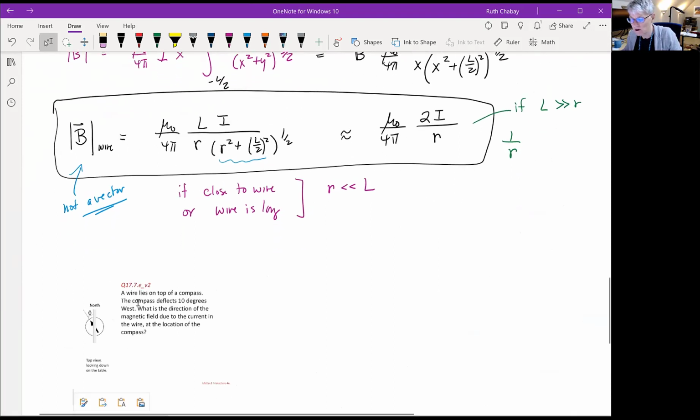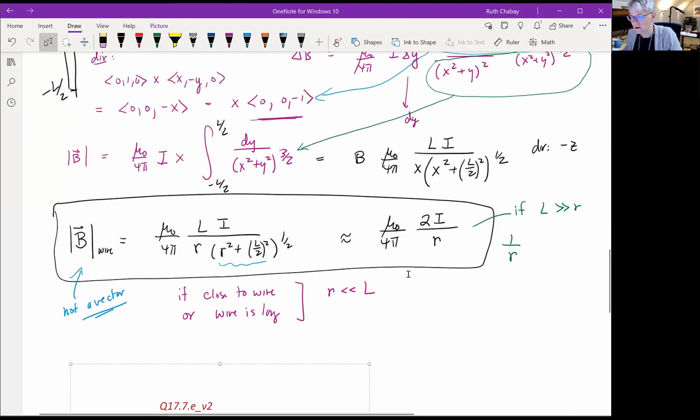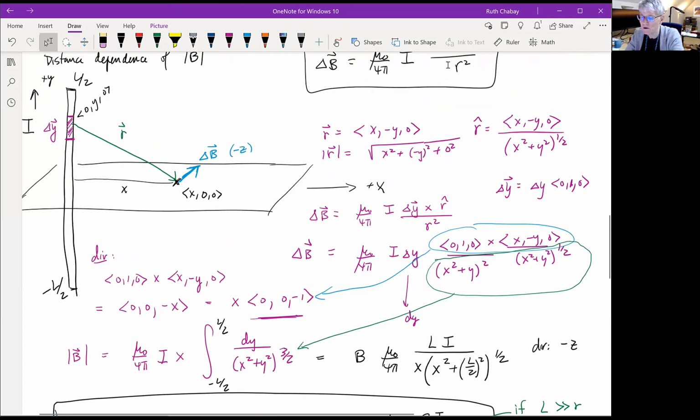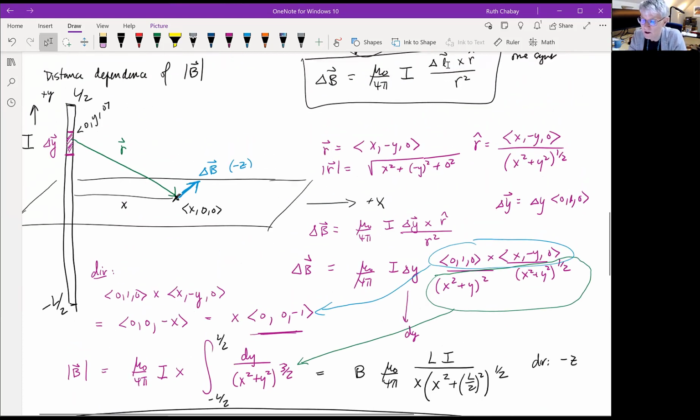Let's see how we think about this. Okay, so the question is whether the equation is for an observation location only on the midline of the wire, which is what we calculated here, or is it for any observation location?